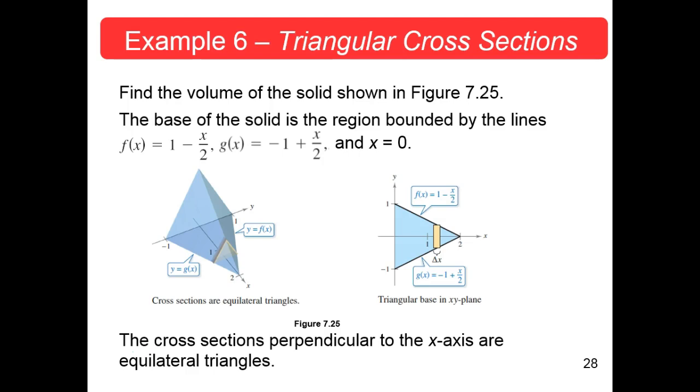Okay. That's that one. Your g of x on this side is minus 1 plus x over 2. You can do the same arguments here: when g is equal to 0, then x over 2 is equal to 1, so x equal to 2. So sure enough, you're at the same point there. And when x is equal to 0, g is minus 1, so you're here.